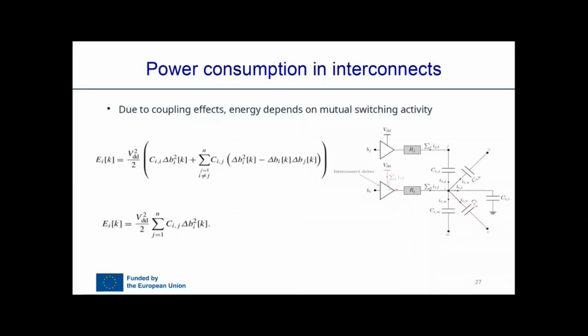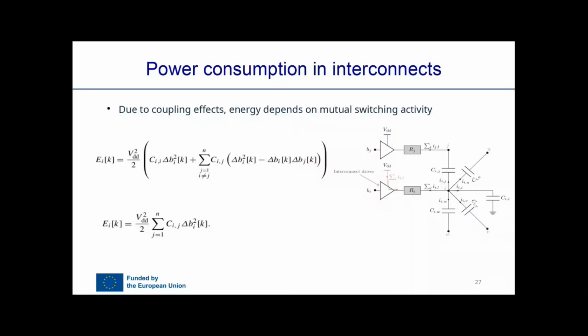From the point of view of the data that we are sending, the fundamental factor is the increment of V_i squared, which is fundamentally the probability that we have some change in the information that we are sending. And then the second factor is the increment of V_i squared minus the multiplication of the increment of V_i with the increment of V_j.